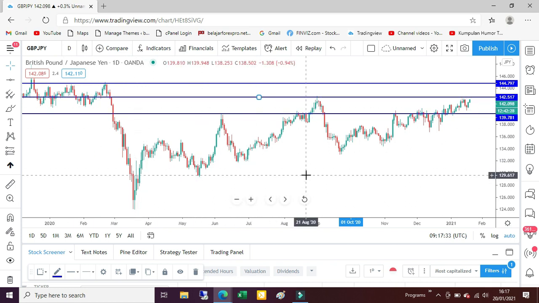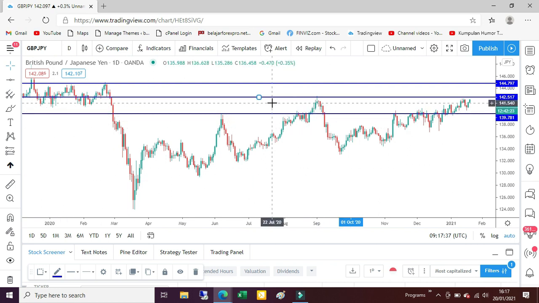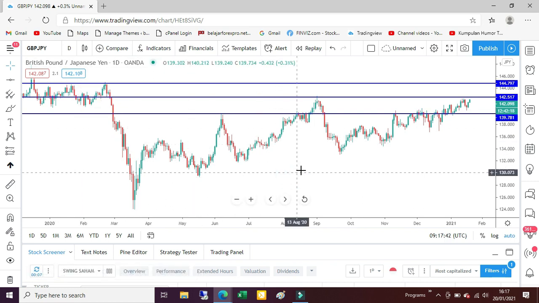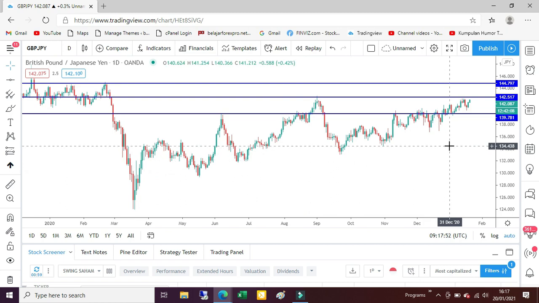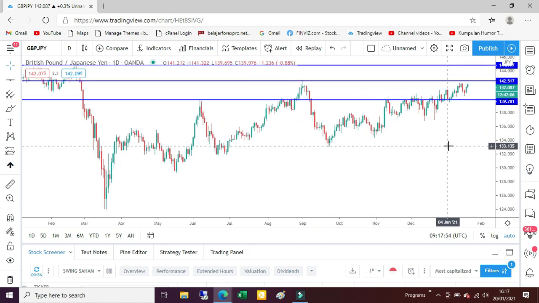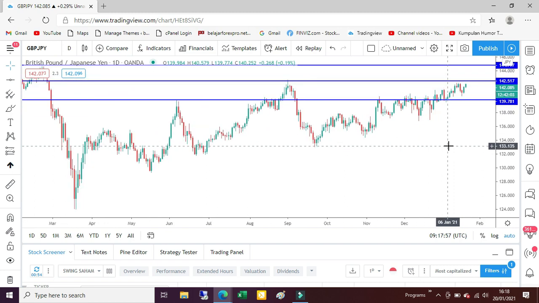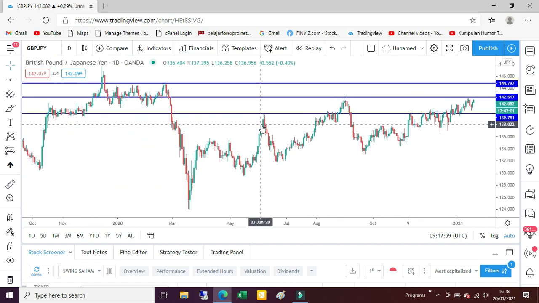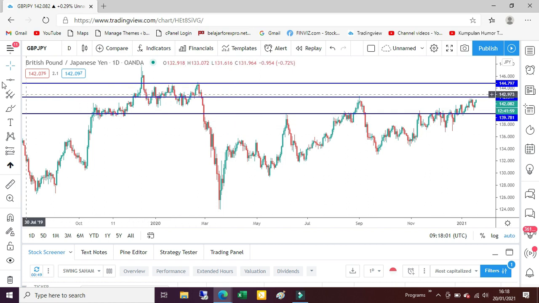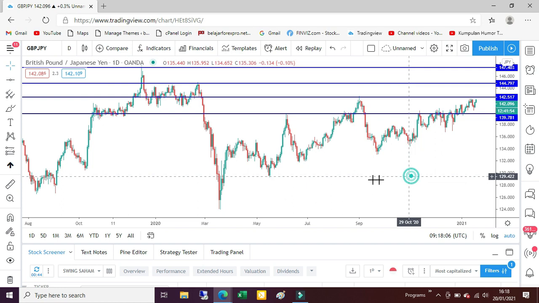Okay friends, I always use the daily time frame to see the big picture and to see where the price will move.